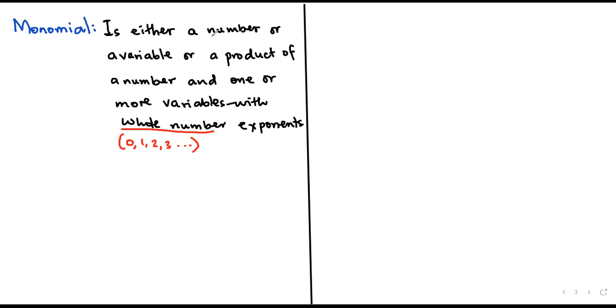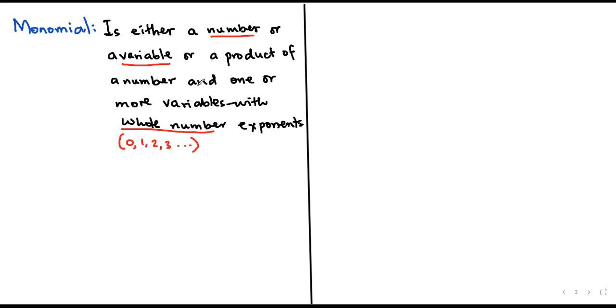It can be a number. Let's say 0, 1, 2, 3, 4, 5, 6, -1, -2, -3, any number. It can be a variable. A variable, I've told you already that these are letters of English alphabet. A, B, C, D, E, F, G, X, Y, Z. All of those are variables.